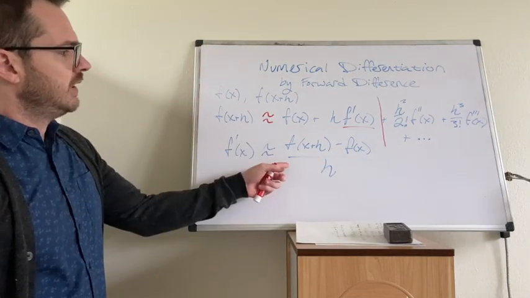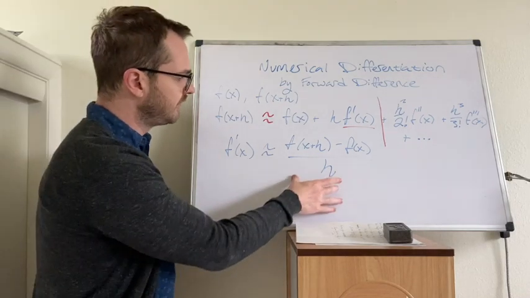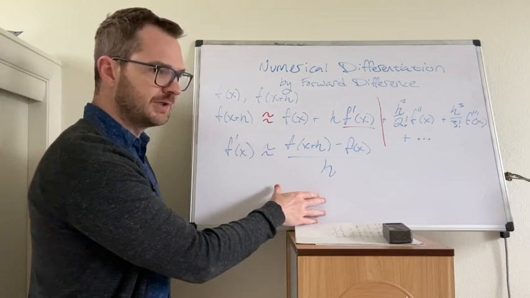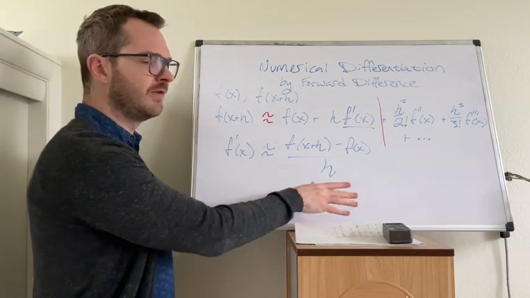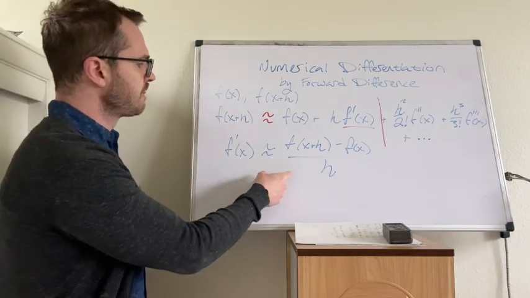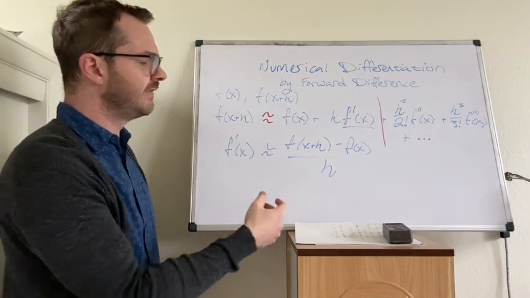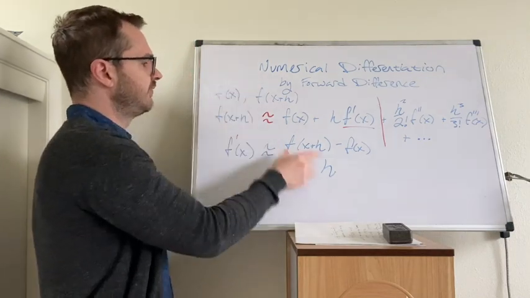Now, this might look familiar. This ends up simplifying down to the definition of the derivative. If we took this and did a limit on it, this would give us the instantaneous derivative. Unfortunately, we don't have an infinite number of data points. We have a fixed number of data points. We're performing this process numerically.